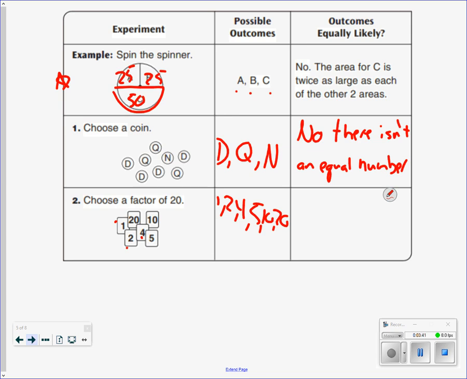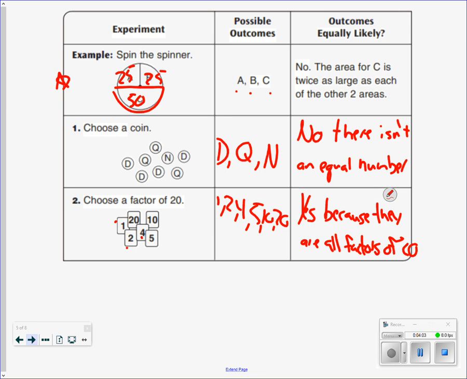Yes, because they are all factors of 20. So yeah, you have a 100% chance of getting a factor of 20 because those are my only options. Okay, if there was a 3 in there, then it wouldn't be equally likely.